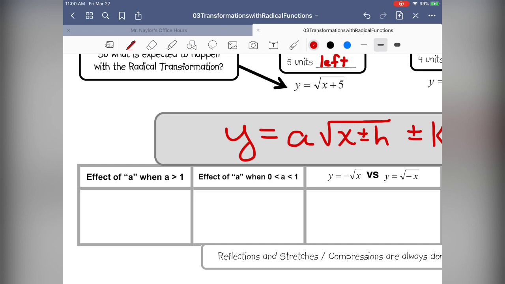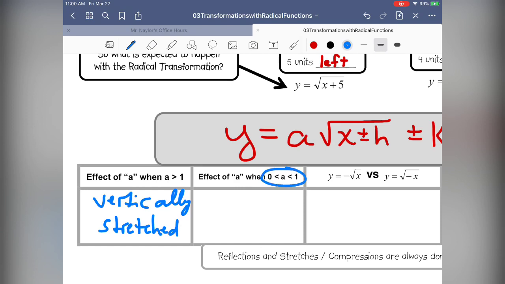So we'll start with the letter A. Now, the letter A, again, is the coefficient. And remember, when A is greater than 1, your graph is going to be vertically stretched. And if a graph is vertically stretched, as we drew up above, it's going to have a slightly different shape. We could also have an A value that is less than 1.